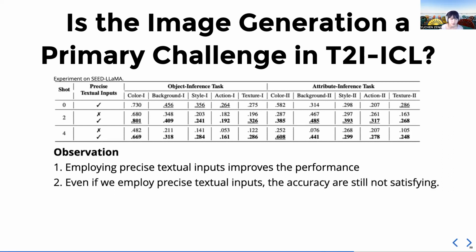However, even with precise textual inputs, the accuracy is still not satisfying. If you look at the 4-shot case for the object inference task, even with the precise textual inputs, the accuracy is still as low as 0.161. This means it still cannot directly generate the correct image, even if we tell the model what kind of image we want to generate.